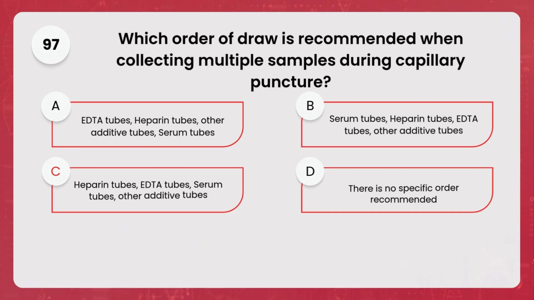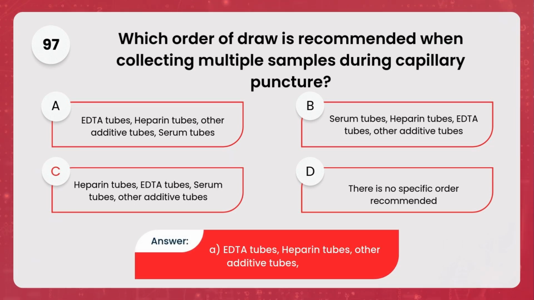C. Heparin tubes, EDTA tubes, serum tubes, other additive tubes. D. There is no specific order recommended. The answer is A. EDTA tubes, heparin tubes, other additive tubes, and serum tubes.